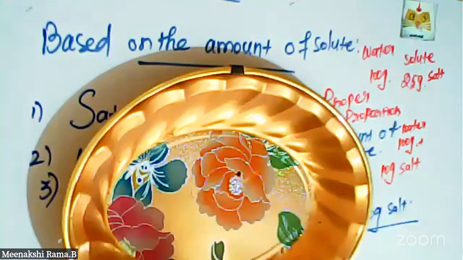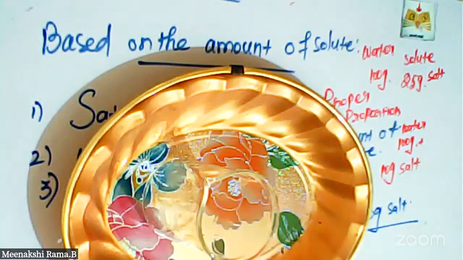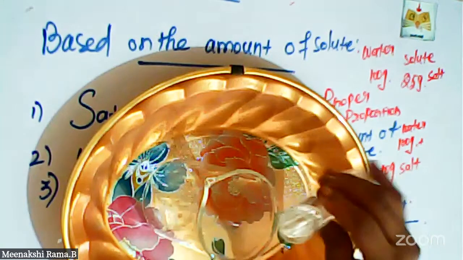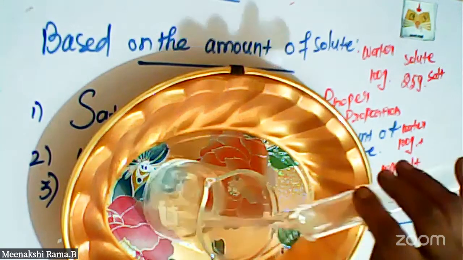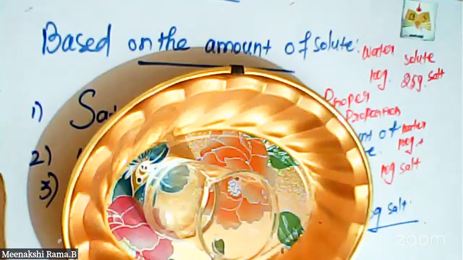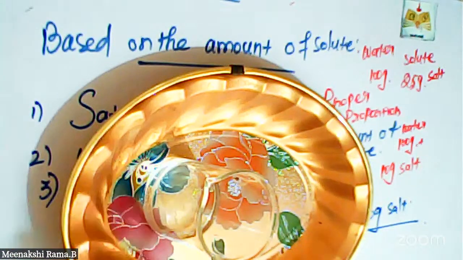Yes, so this beaker contains 100 ml of water. For 100 ml, I'm going to take the level of 1 test tube. So this test tube of water is added to this beaker. First, this is the saturated solution.